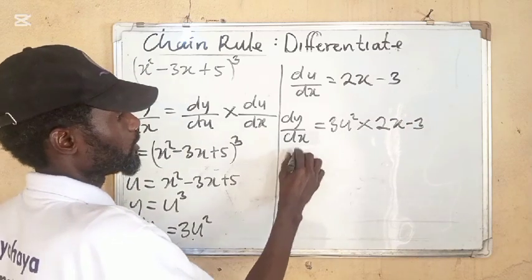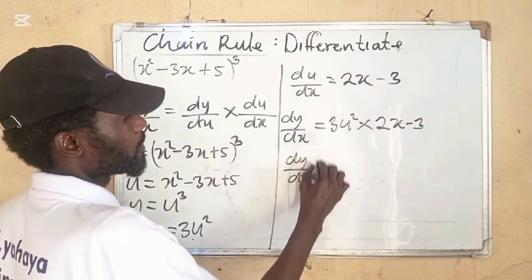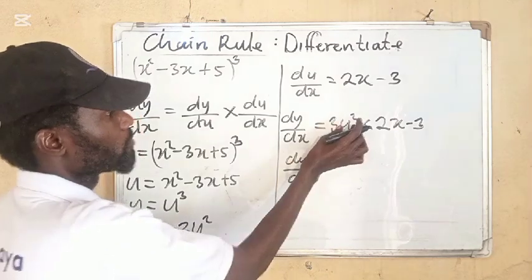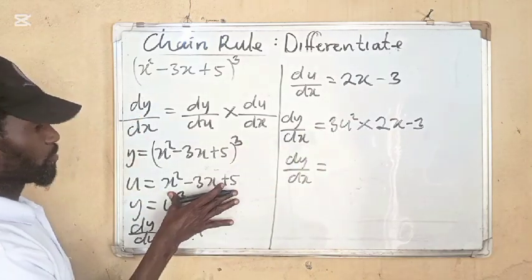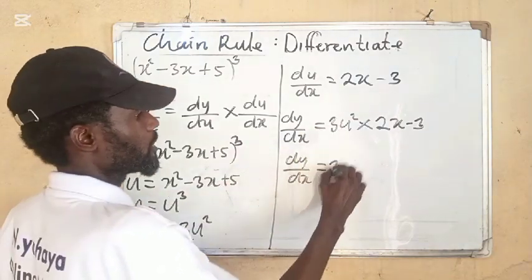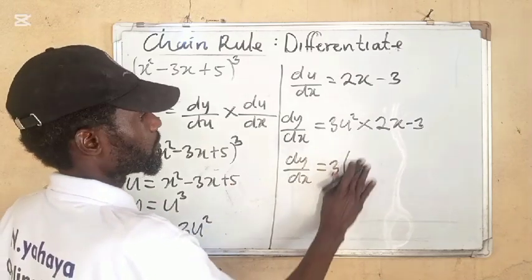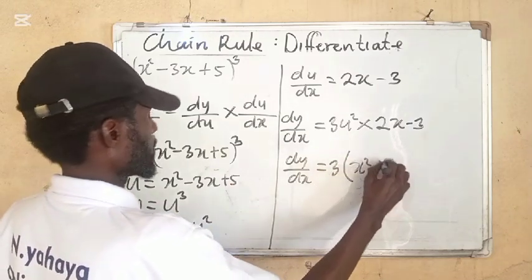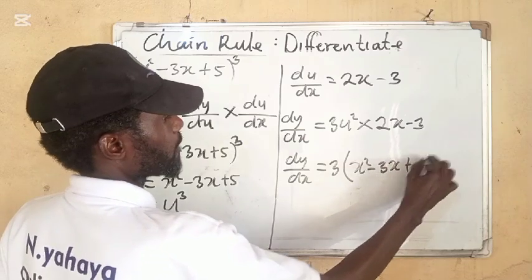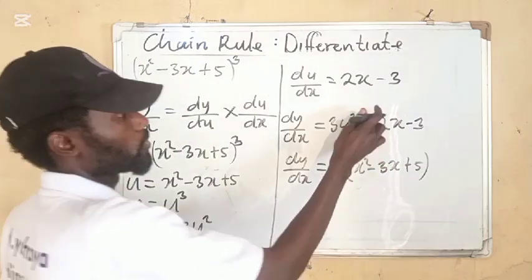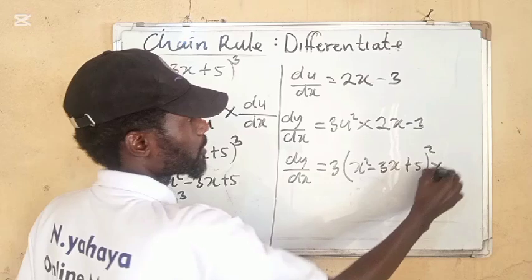Next, we substitute our u and place it. So it's going to be 3 into our u, which is x squared minus 3x plus 5. That is our u, so we square it.